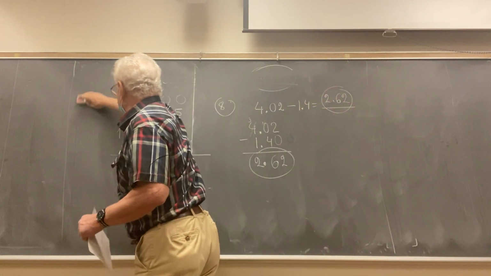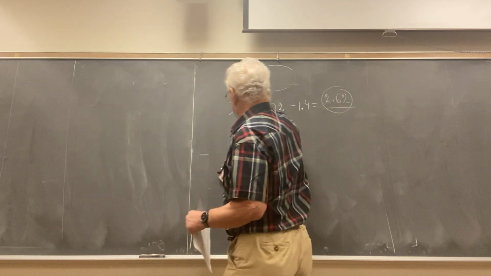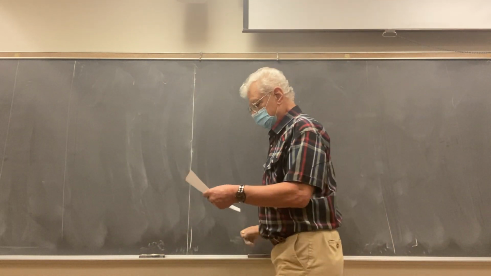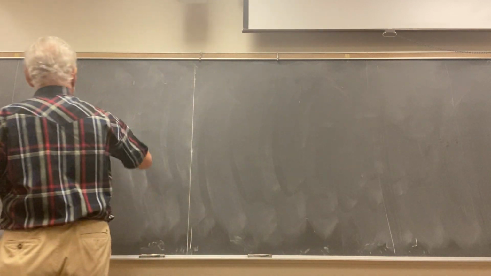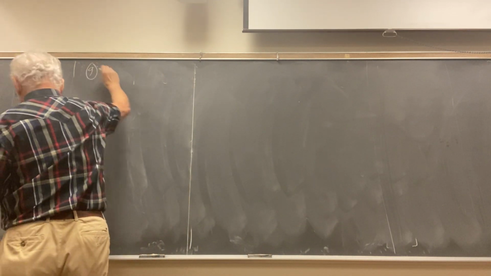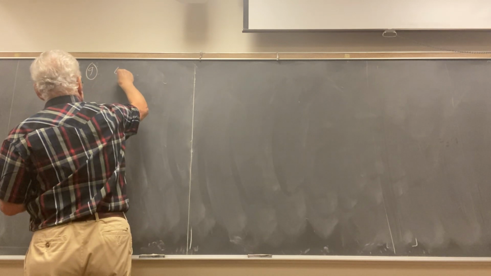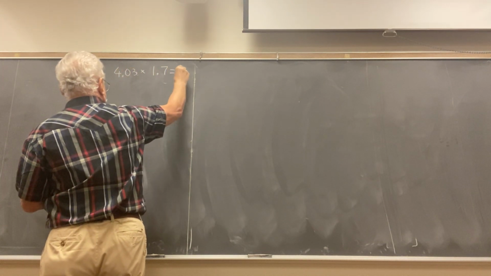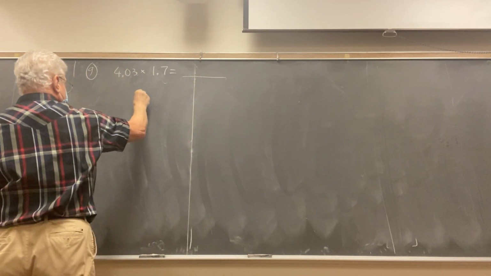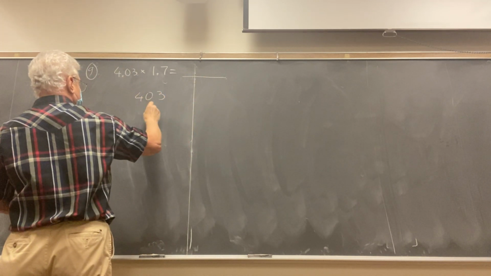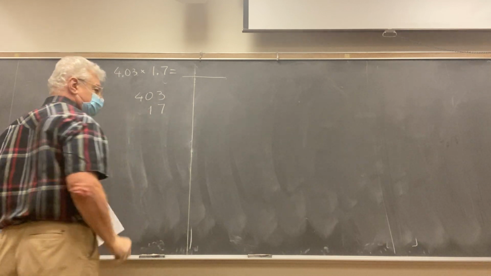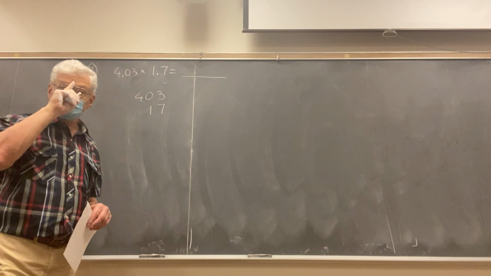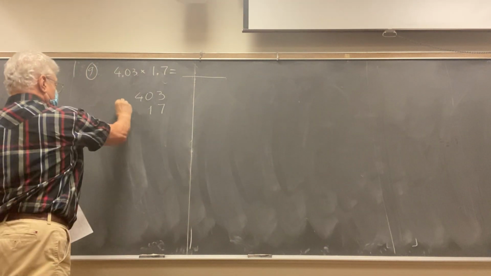Okay, we go to problem number 9, multiply the numbers. So here is the problem. Number 9. 4.03 times 1.7 equals. You just write 403 times 17, and this time you do not need to put the decimal point beneath the decimal point. It's not important now.